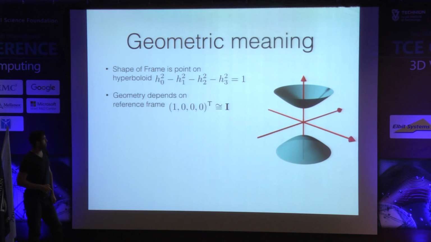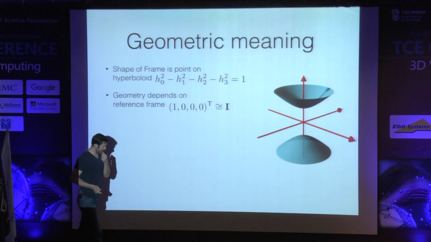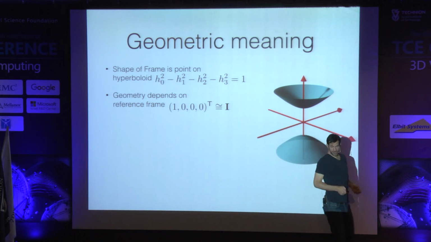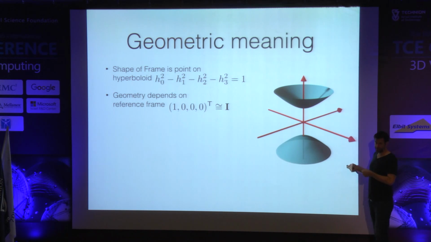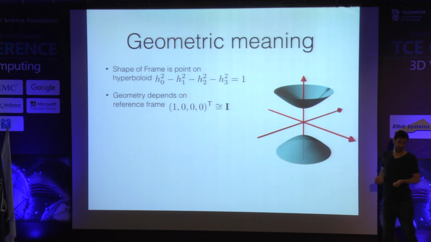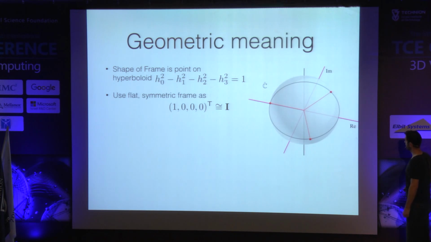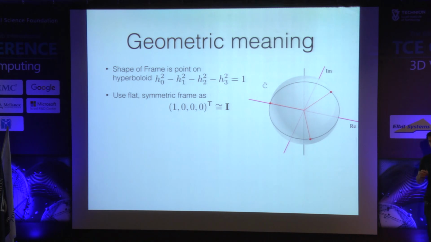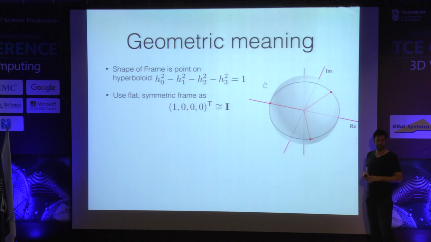Okay. Now, is there a geometric meaning? The geometric meaning of these coefficients, H1, H2, H3, depends on my choice of reference frame. So let's pick a nice reference frame. And I suggest to pick as a reference frame the flat, threefold, rotationally symmetric frame.